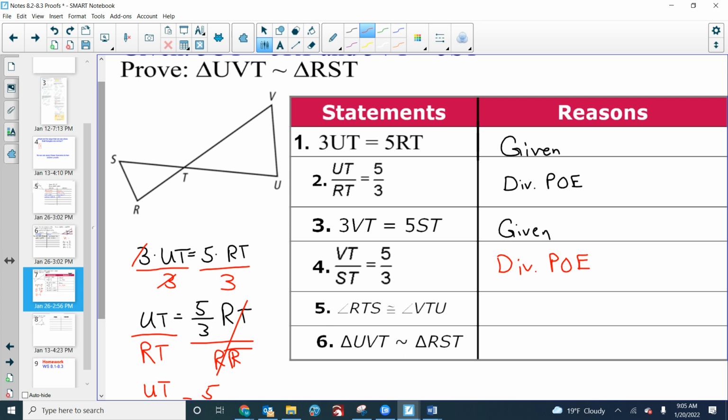All right, why is angle RTS congruent to angle VTU? Vertical angles.